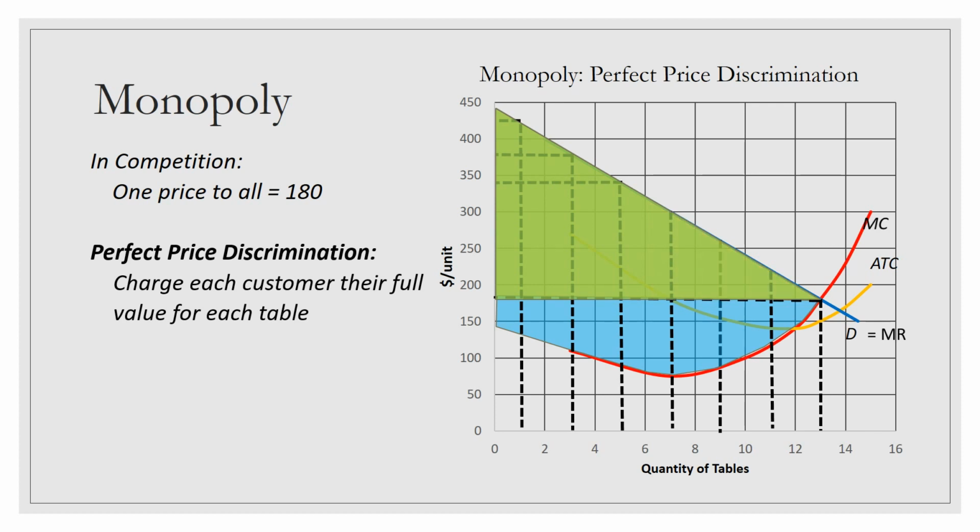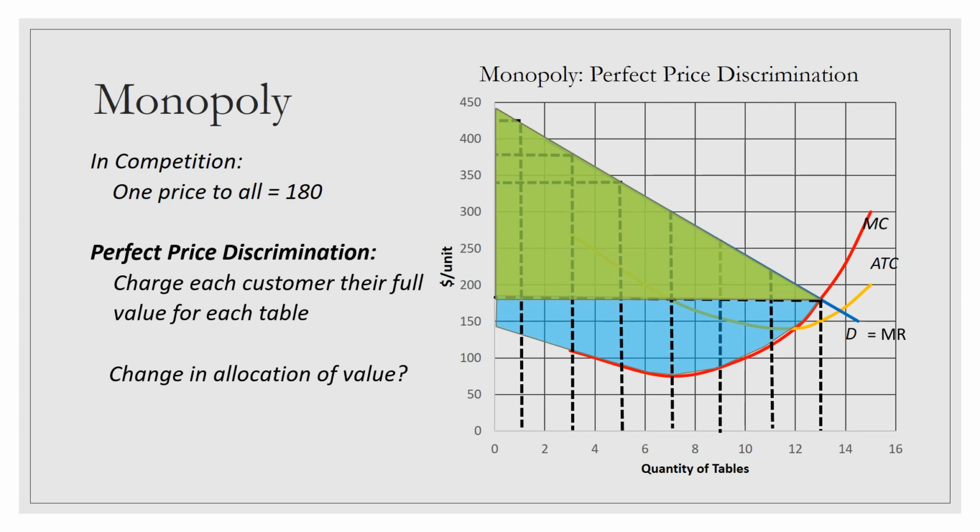They produce 13 units, and the area here, which under competition was consumer surplus, now fully accrues to the producer, because the producer is the one who's creating the value, and through price discrimination is able to capture that value for the firm.